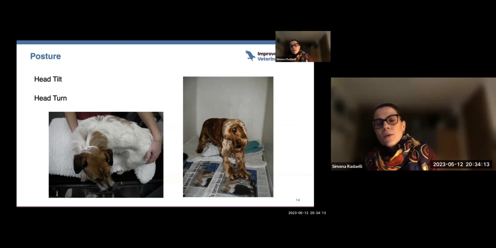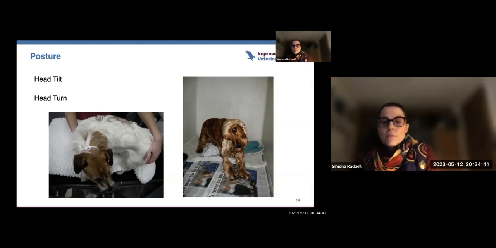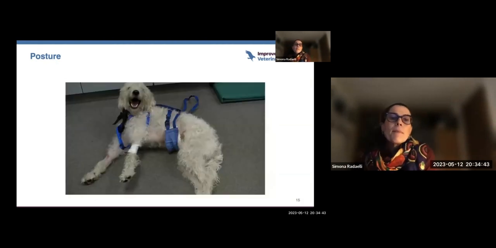On your right-hand side, you have a Cocker Spaniel with head tilt. It's a left-sided head tilt. You can appreciate that the ears are not horizontal, but they are on a vertical or oblique line. So the nose is pointing towards you, but the head is tilted to one side. The difference is that head turn, again, is more often a forebrain problem. The head tilt is more often vestibular. So we are already localizing.